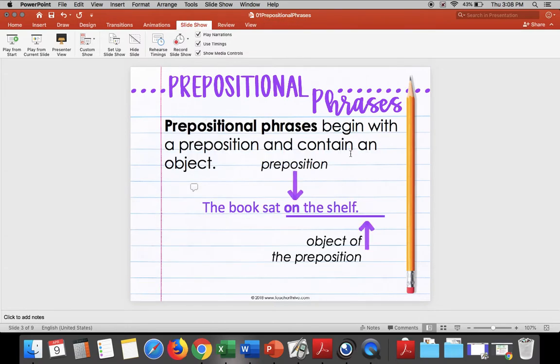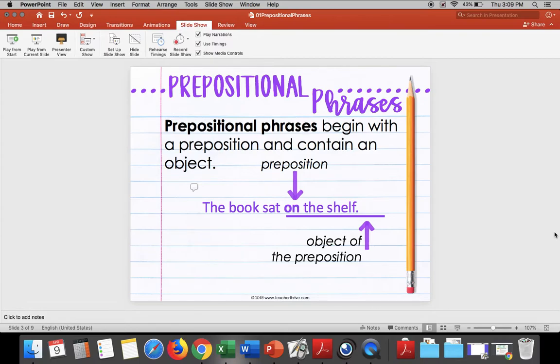So prepositional phrases begin with the preposition, and those are the words that we just talked about. Those are all different examples of prepositions. Each prepositional phrase begins with a preposition, and it contains the object. We know that an object is a noun: person, place, or thing.